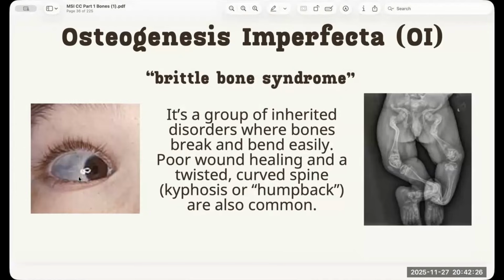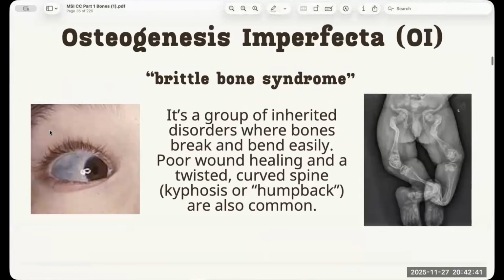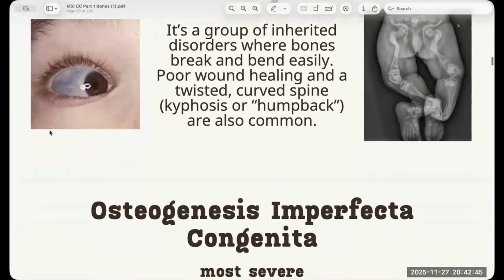Why is there a blue sclera here? It's because of the thinning of the layers of the eyes due to deficiency of collagen. So it shows as a blue sclera. It's not really documented much in osteogenesis imperfecta cases. However, it's good to know just in case a picture shows up in an exam.